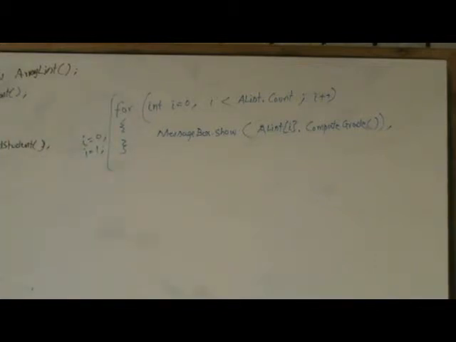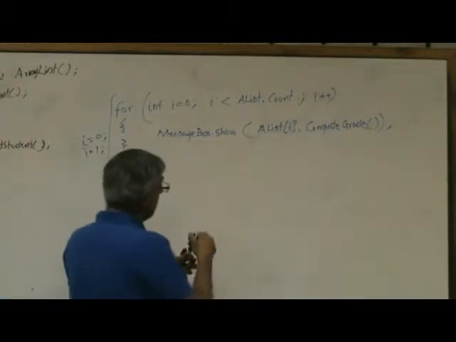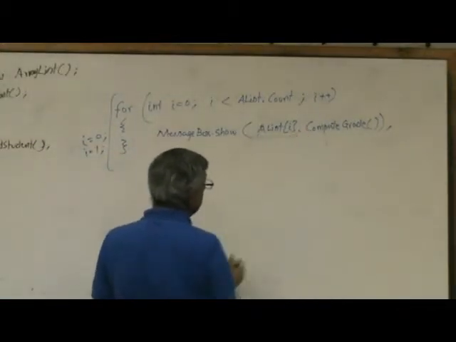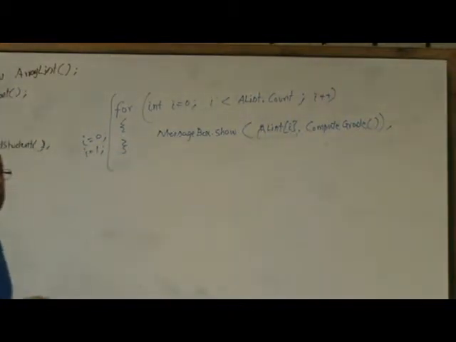Okay. What data type is a list of I? Object. Remember, anything that's stored in the array list becomes an object, so it's an object. Does an object have a compute grade method? So the code won't even compile, right?